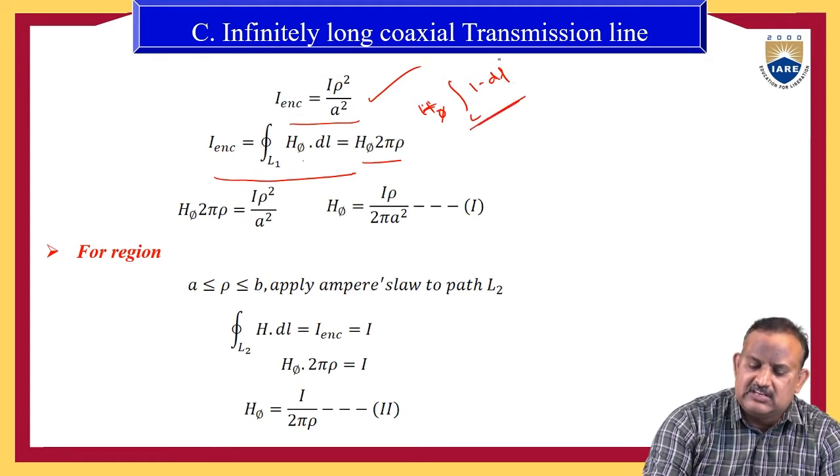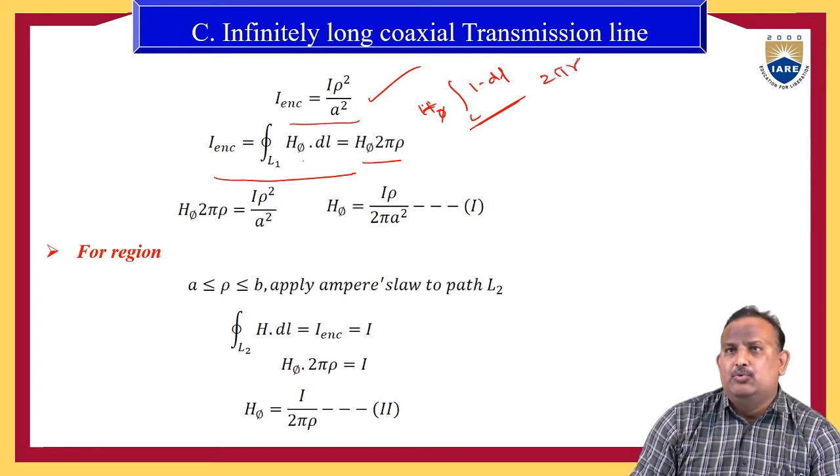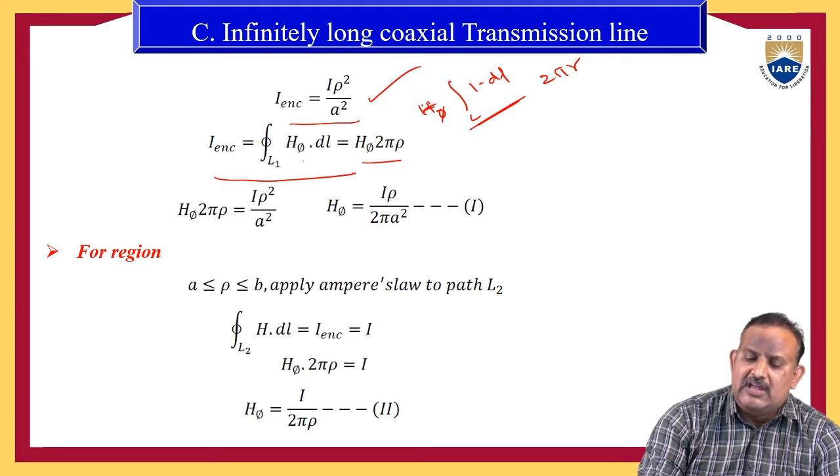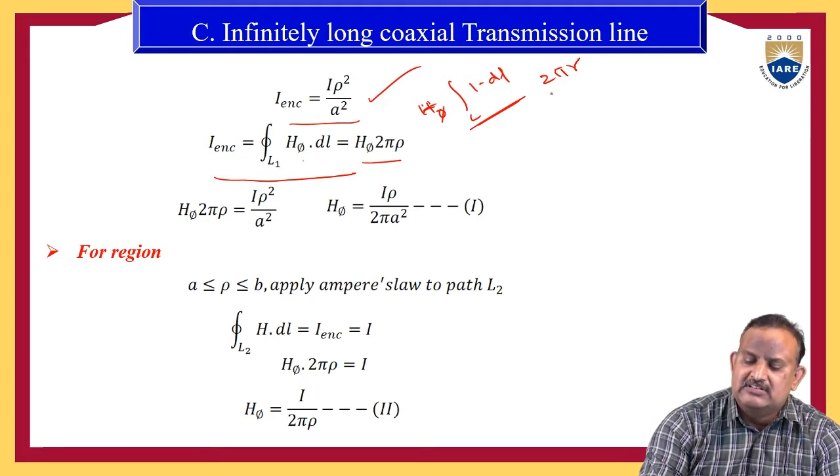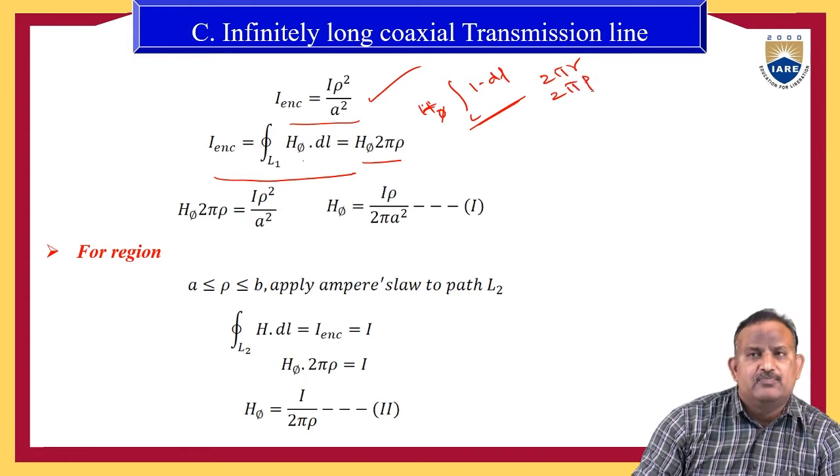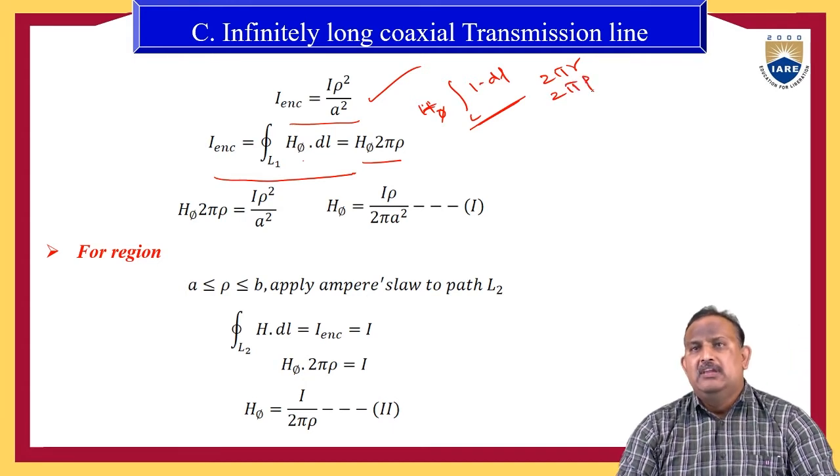The line integral of 1 into dl is the circumference of a circle. We know that the circumference of a circle is 2 pi r, but here the radius of the amperian path is rho. Therefore the circumference becomes 2 pi rho.